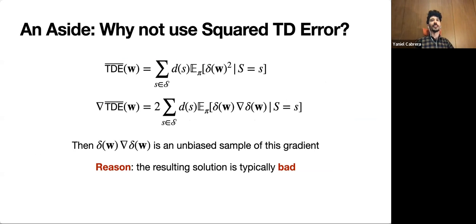So my question here is like, it's a converse of this. Naively, why would one try to use the mean square TD error as a function you would try to minimize over?